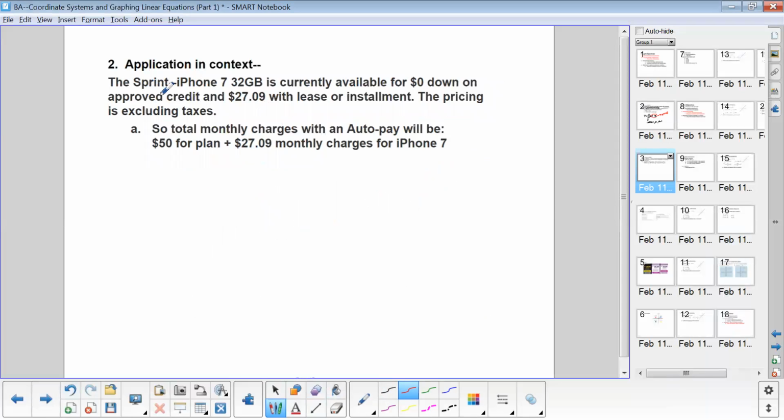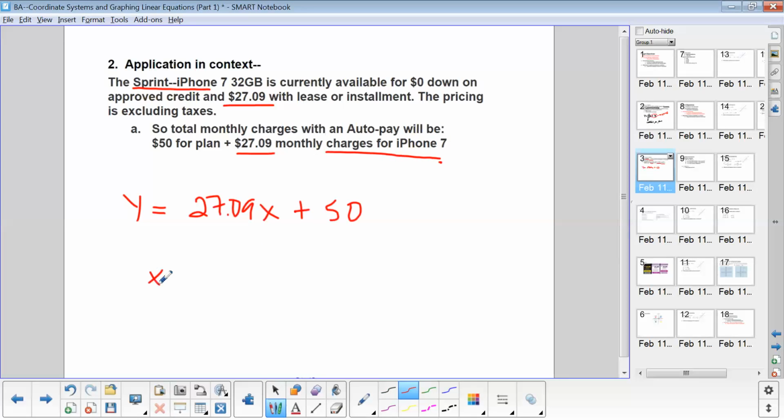Here we were looking at a Sprint phone. So let's say the Sprint phone set iPhone 7 is 32 gigabytes. It's currently available for $0 down on approved credit and $27.09 with the lease or installment. So basically, you're going to pay $50 for the plan and $27.09 monthly charges for the iPhone. So something like that would look like $27.09 per month and $50 for the plan.